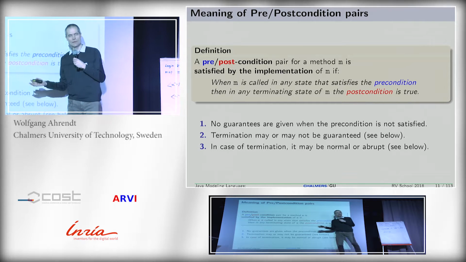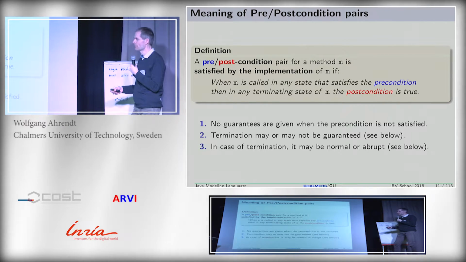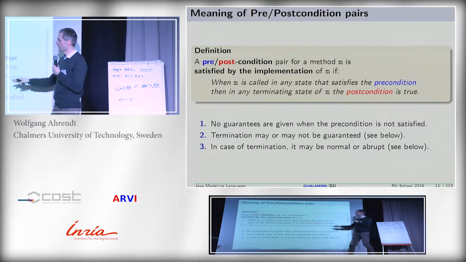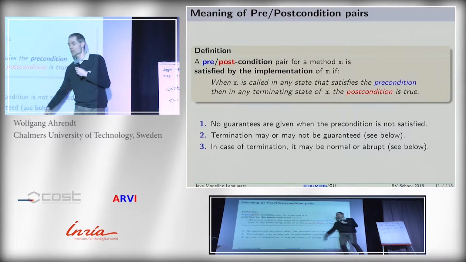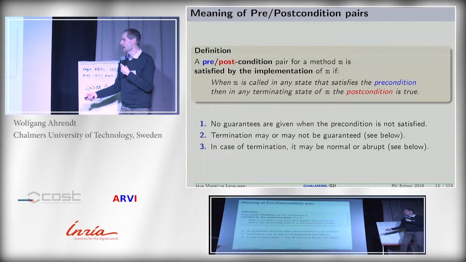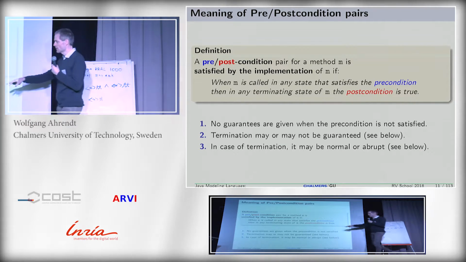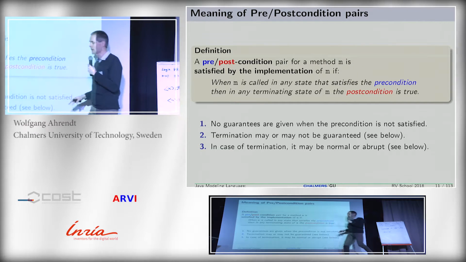The implementer can do what he or she wants in those cases. Termination may or may not be guaranteed. We can be more precise when it comes to termination, but I'll come to that later. And in case of termination, the termination may be normal or abrupt. We don't talk about these things just now, but they will come.